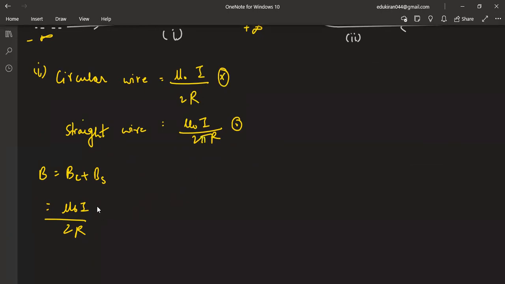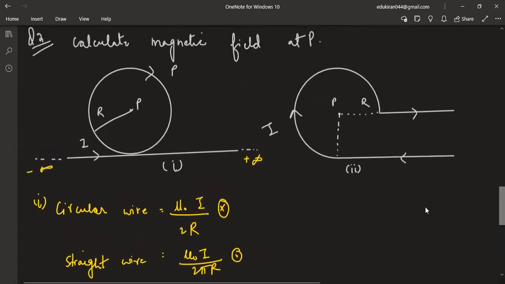You can even write it in terms of k cap: which is moving inwards, you'll write as minus k, which is moving outwards, you'll take as plus k. That also you can do.